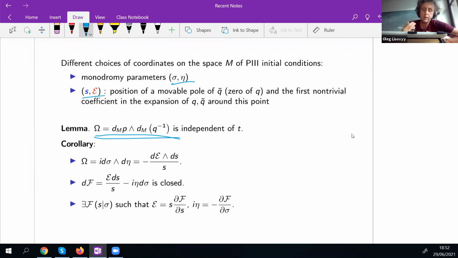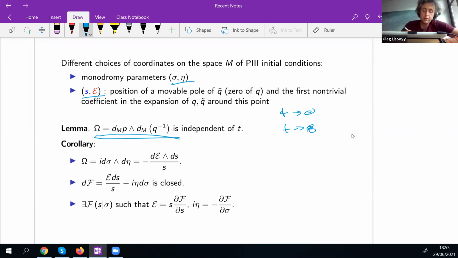All one has to do is to substitute into this formula the asymptotics of the corresponding Painlevé functions near, let's say, the critical point t equal to 0 or a movable pole t equal to s.